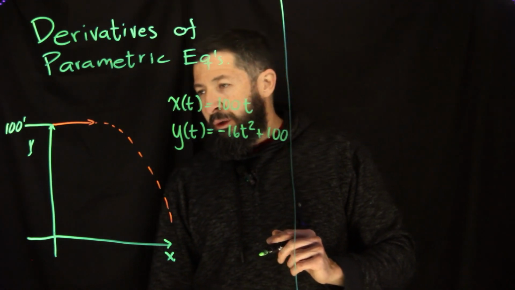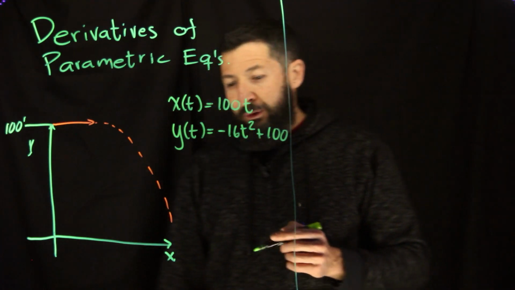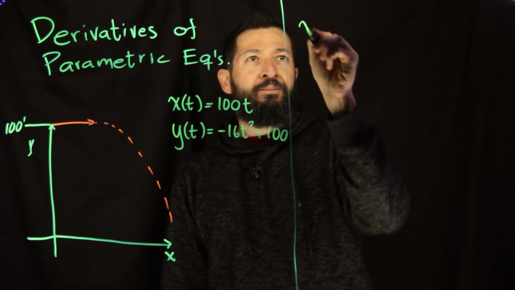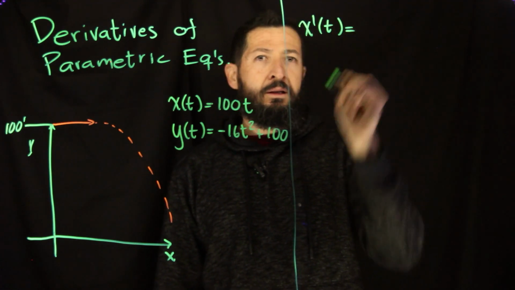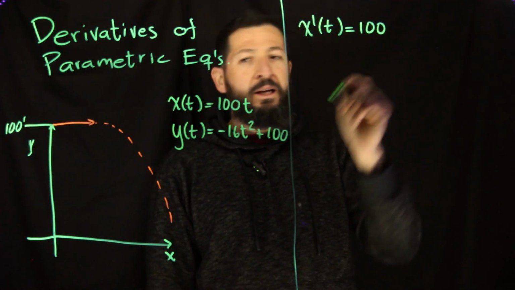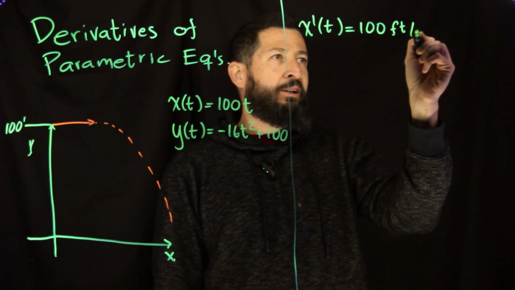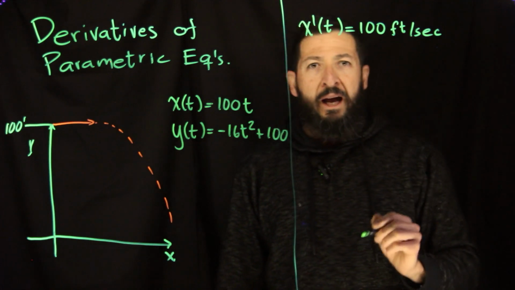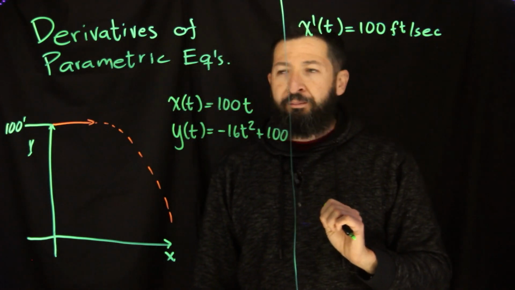And what we're going to be interested in doing now is taking derivatives. So if I were to consider x prime, that's going to be just 100. And the units, this is in feet, so this is going to be given in feet per second. And that's what we know as the horizontal component of the velocity vector.